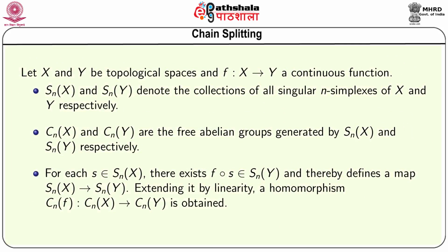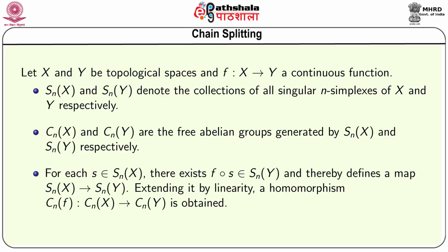Suppose X and Y are two topological spaces and f is a continuous function from X to Y. If S_n X and S_n Y denote the collection of all singular n-simplexes of X and Y, then C_n X and C_n Y are the corresponding free abelian groups generated by S_n X and S_n Y respectively.